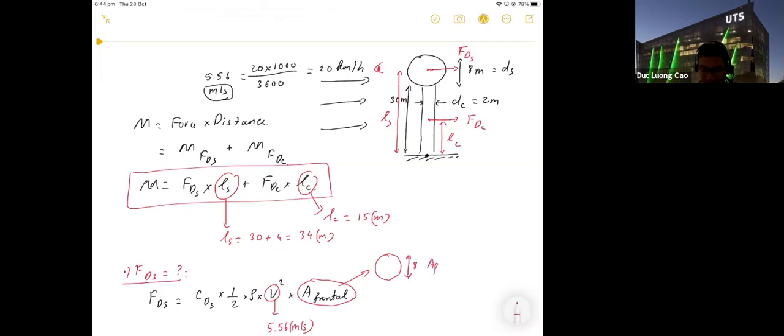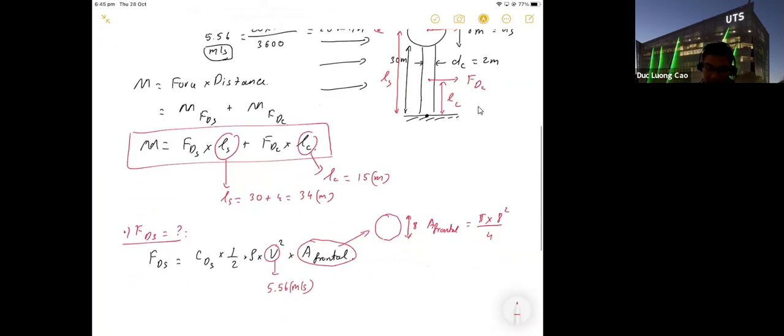So the frontal area is pi times the diameter DS squared over 4, yeah, pi times 16. What's the density?